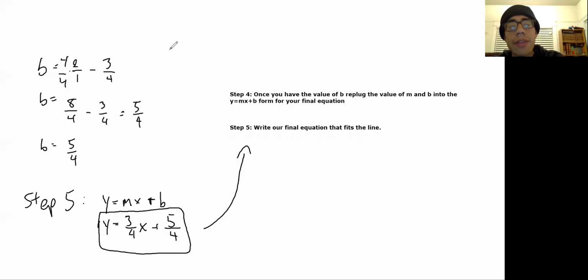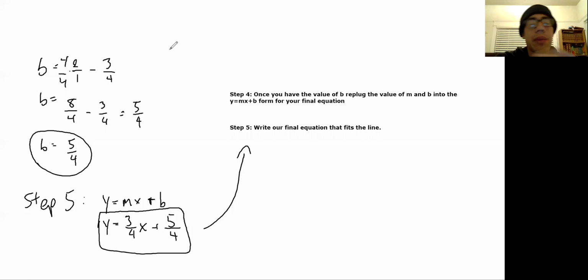Once you have the value of b, which now we know b is 5/4. By the way, it won't always be a fraction. It just kind of worked out as a fraction in this case. We're in step 4. Once you have the value of b, replug the value of m and b into the y equals mx plus b form for your final answer. However, this time I'm not going to put the coordinate point.